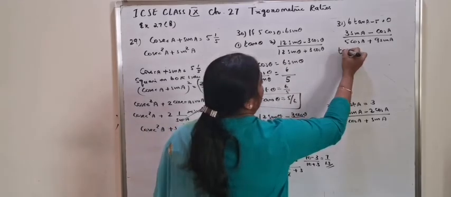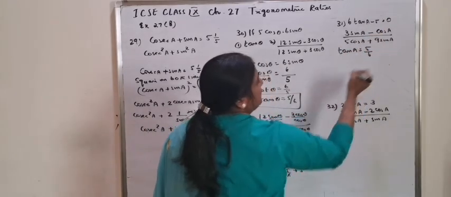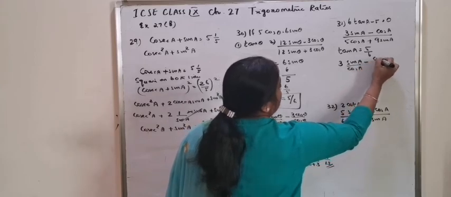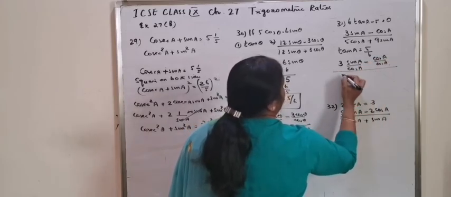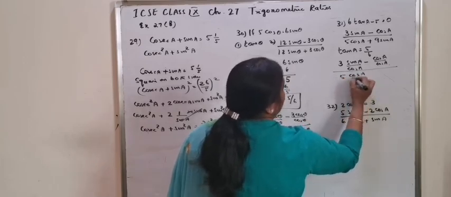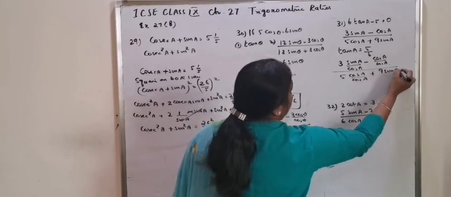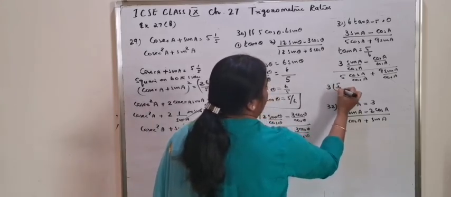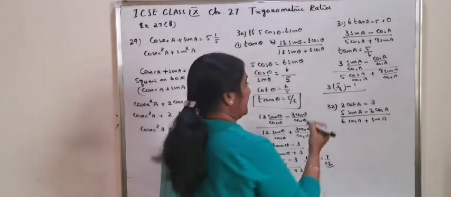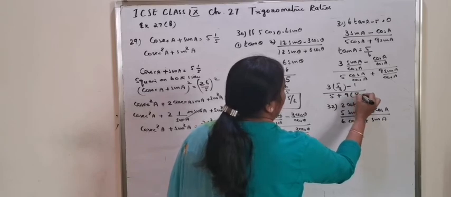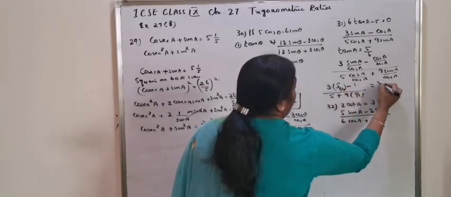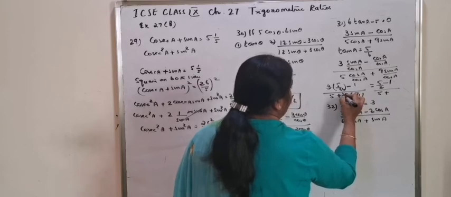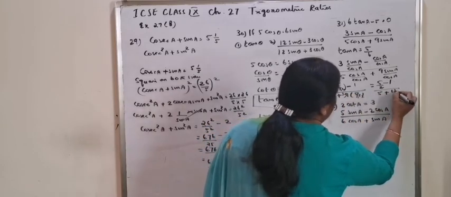Similarly, tan A is equal to 5 by 6. Divide each term: 3 sin A by cos A minus cos A by cos A, divided by 5 cos A by cos A plus 9 sin A by cos A. Substitution will be 3 tan A minus 1 divided by 5 plus 9 tan A. So 3 into 5 by 6 minus 1 divided by 5 plus 9 into 5 by 6, which is equal to 5 by 2 minus 1 divided by 5 plus 15 by 2.